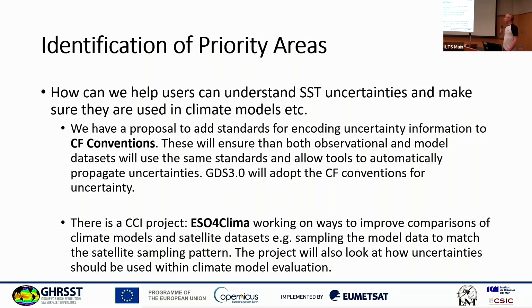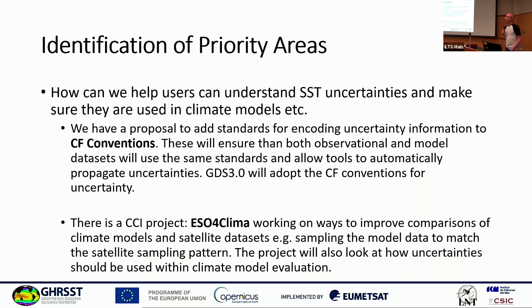The other issue that was discussed is how can we help users understand SST uncertainties and make sure that they get used in climate models, etc. So there's already 2 ways we're addressing this.